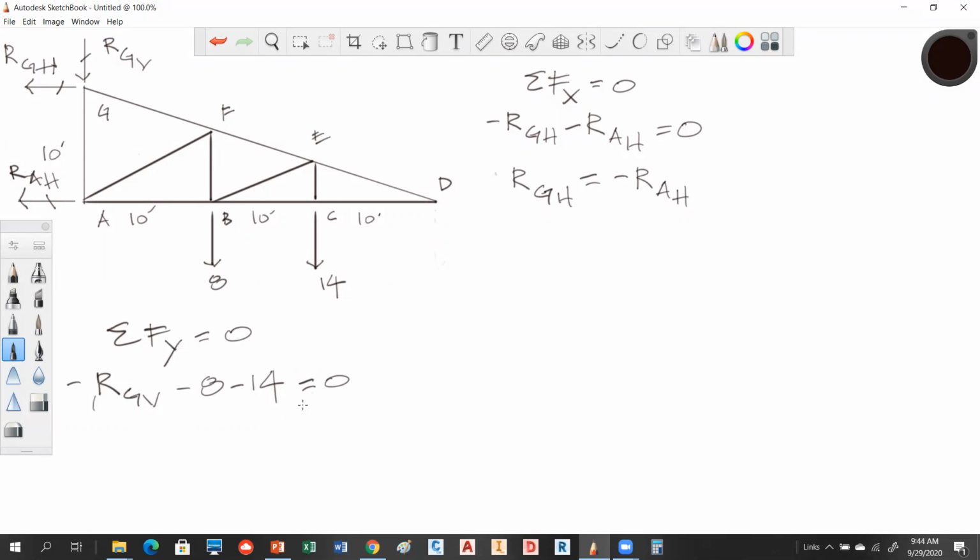If I bring RGV over, it gives me a positive RGV is equal to a negative 22. So what does that tell us? RGV is not acting down, it's acting what? It's acting up. So we made a mistake, no big deal. We're going to correct it when we get into the joints, okay? So we're good with that.